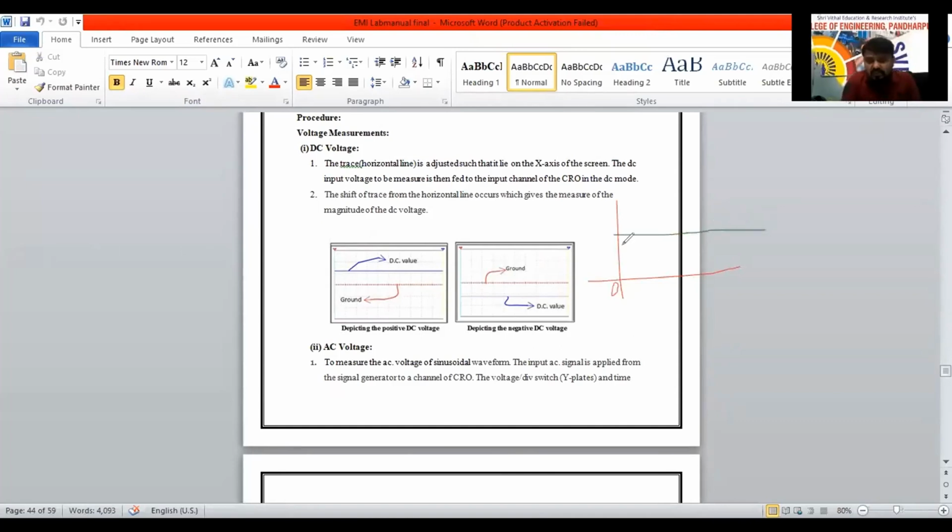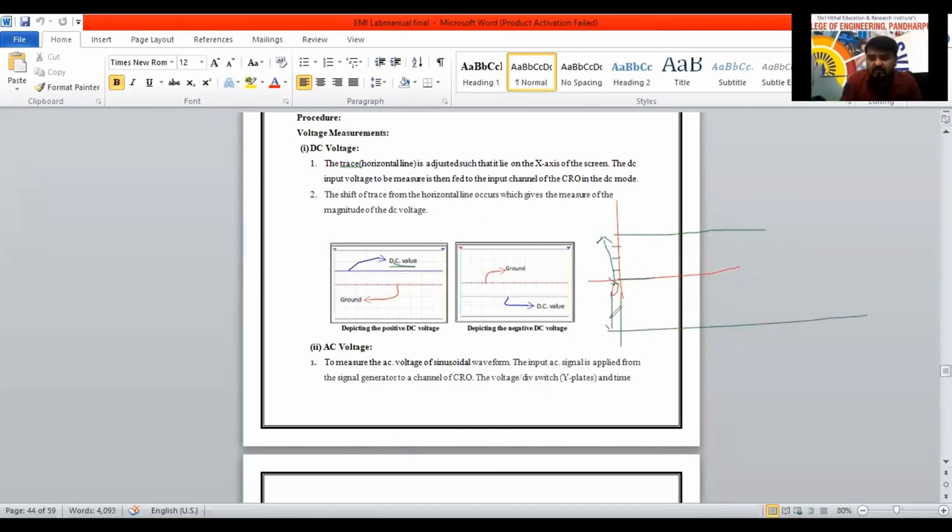So how much is this value here? It is 1 or 2 or 3 or 4; we are going to measure that. This gives the value of DC voltage or DC current. If we consider this as the reference, and I get a value below it, that is a minus DC value.